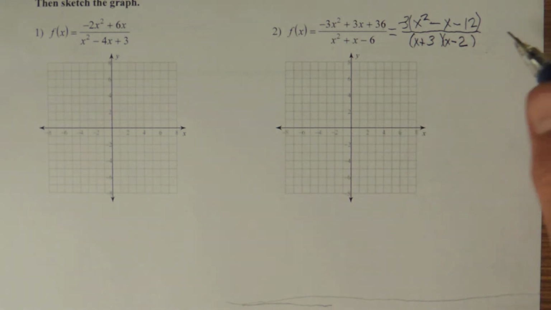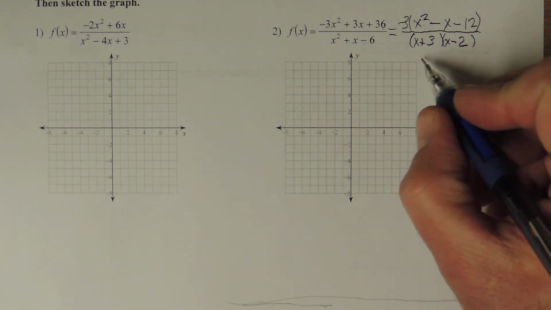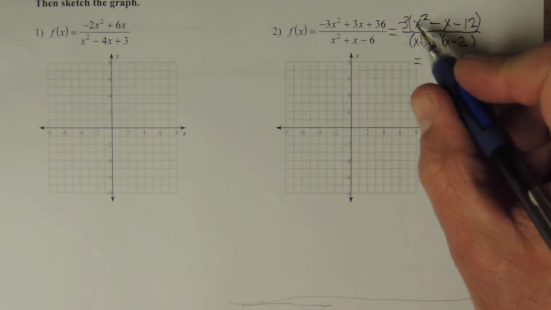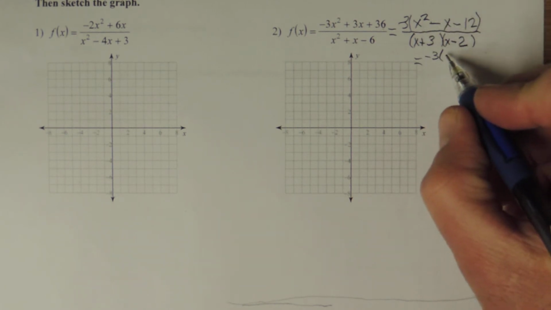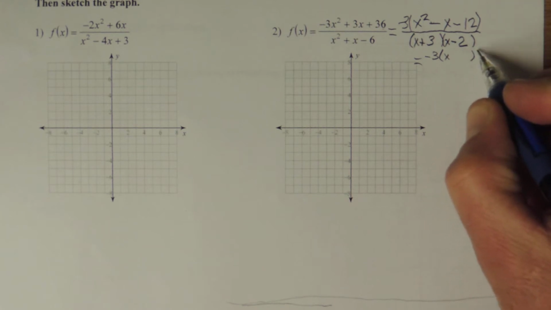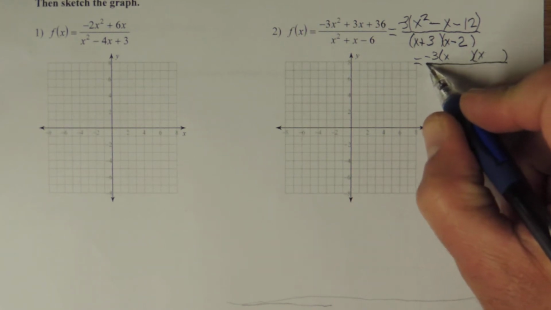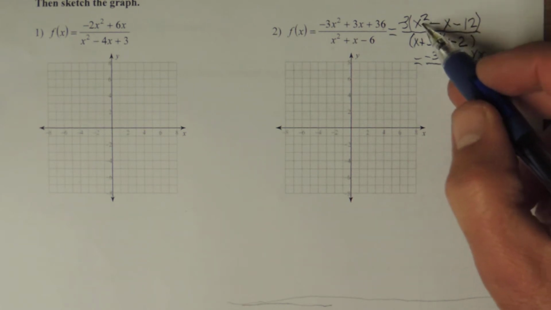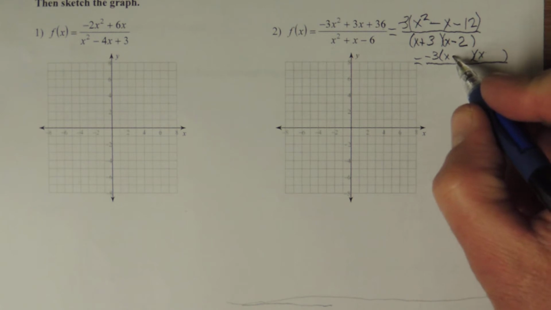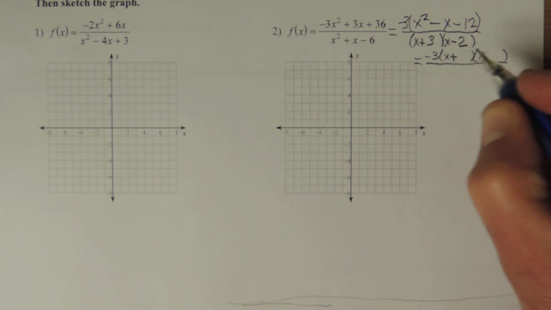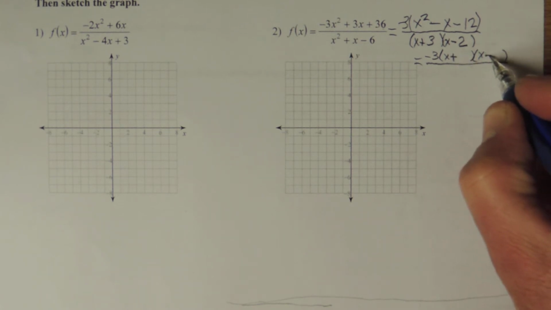To factor my numerator, I'm going to say, still have my negative 3 times, now I'll have x and x. To get my x squared, I need one positive, one negative. So I will have positive and negative.